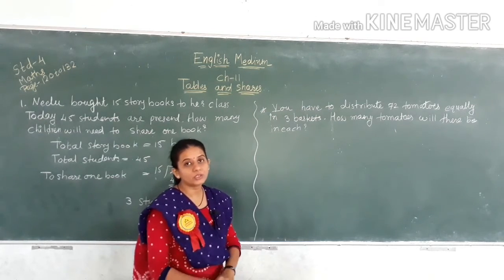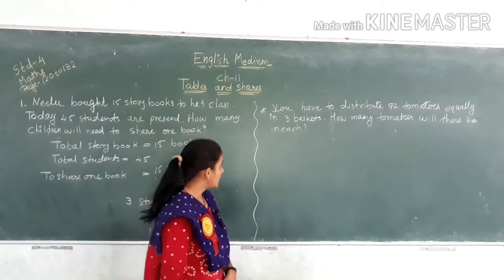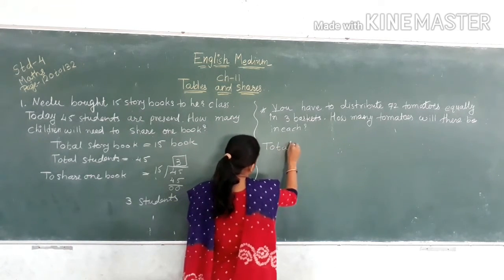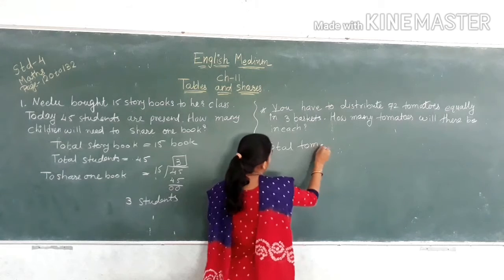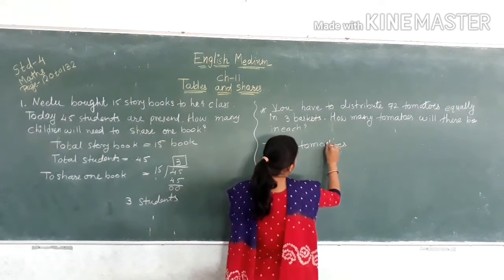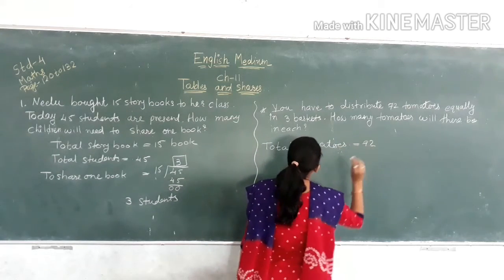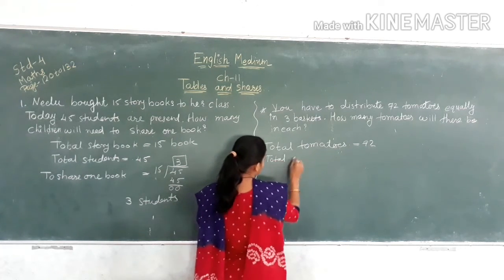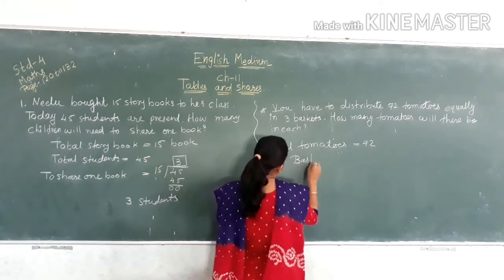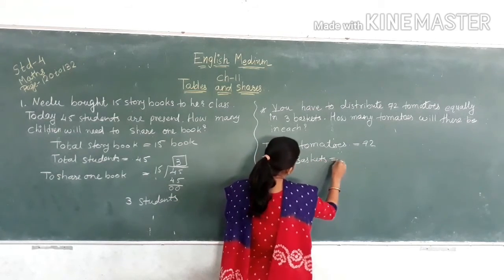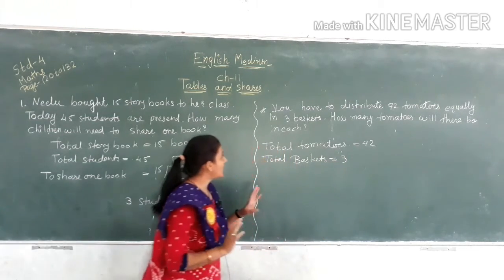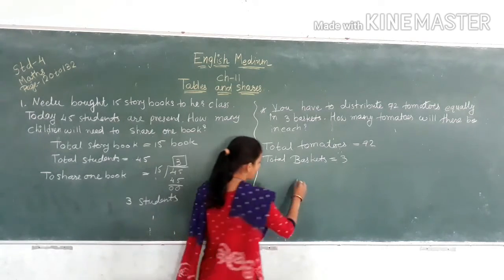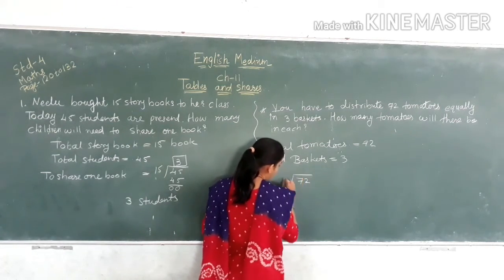So, total tomatoes is equal to 72, and total baskets is equal to 3. Now, equally distribute, that means 72 divided by 3.